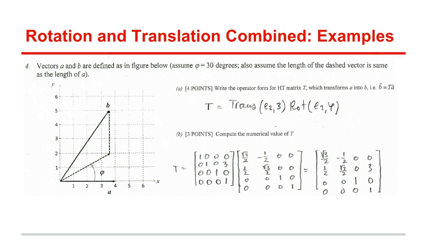You would rotate it along the z-axis by phi, and then you would translate it along the y-axis by 3, because there's 3 units here that it needs to go up in the y-axis by. And in doing so, when you take the rotation matrix and multiply it by the translation matrix, this becomes the transformation matrix of the problem.